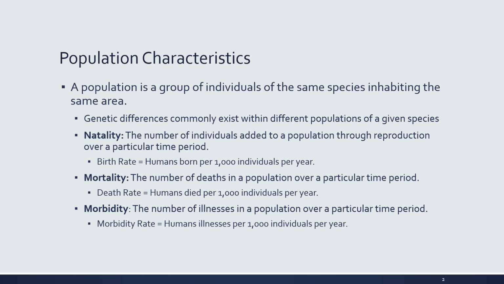Now, one important term we'll be using that has actually two terms to go along with it is the concept of natality, or we sometimes call it birth rate. And sometimes you'll hear the term fecundity related to that, but it's somewhat of a different concept in a way. But natality or birth rate basically means the number of individuals added to a population through reproductive methods, and that could be asexual or sexual reproduction over a period of time.